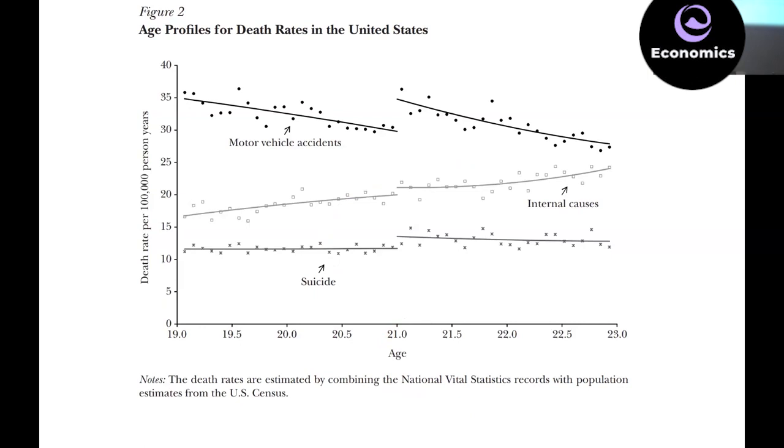And then they try to figure out, okay, does the policy affect motor vehicle accidents, or affect people dying from motor vehicle accidents? There might be theory that says yes, and there might be theory that says no. The theory that says yes: young people may not be as careful, or on average are less experienced.